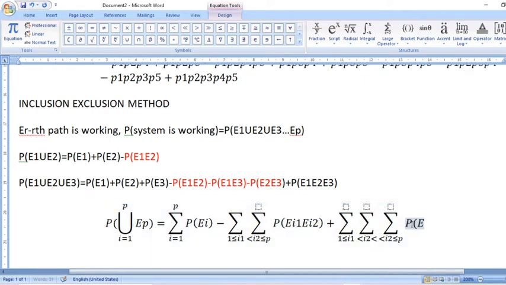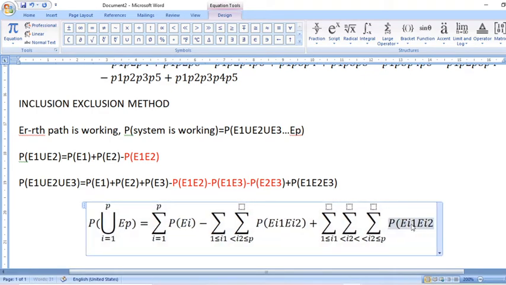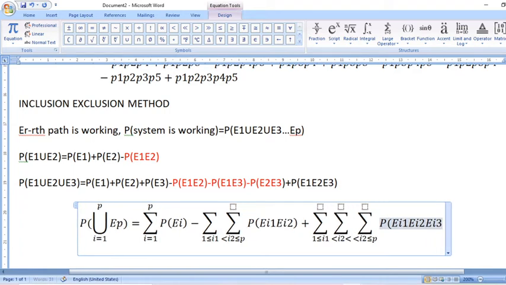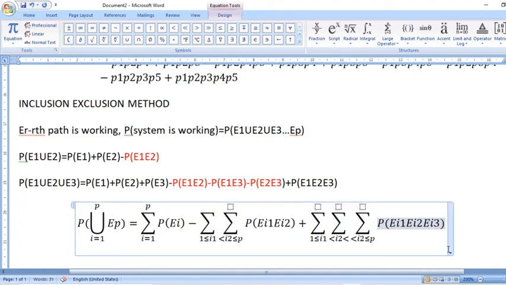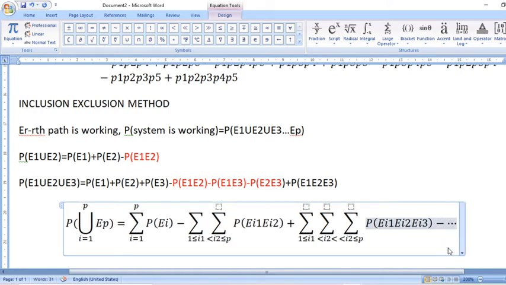The value of E I1, E I2, E I3. Right. So then it will be minus, etc. What will be the last term?